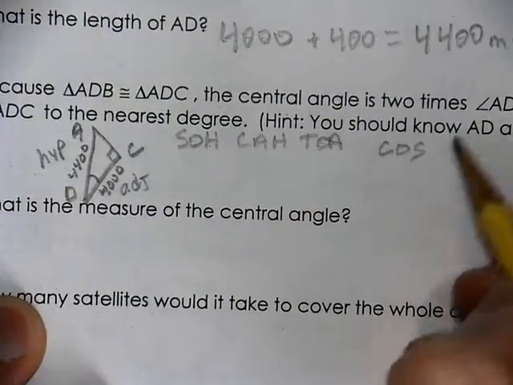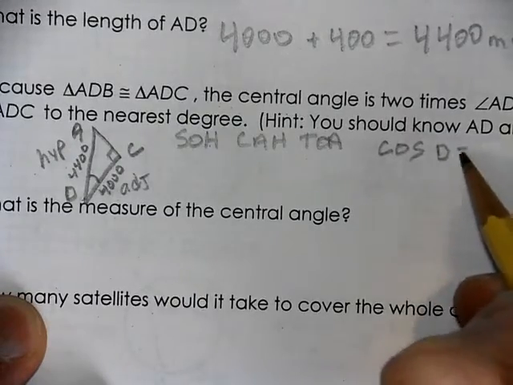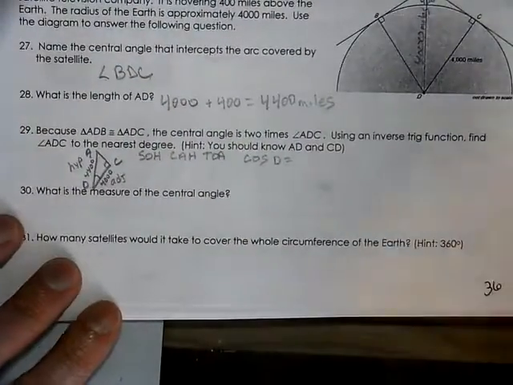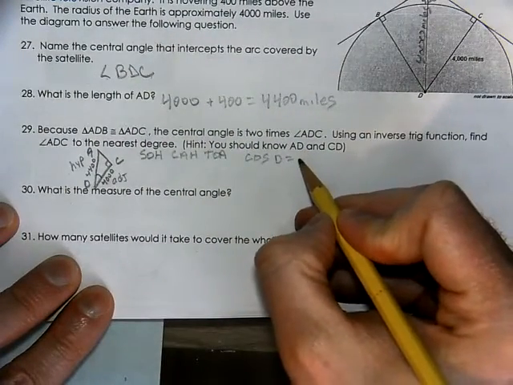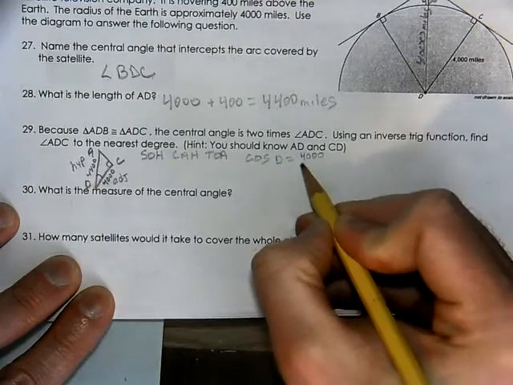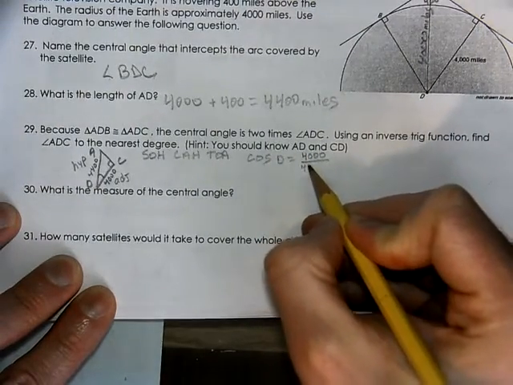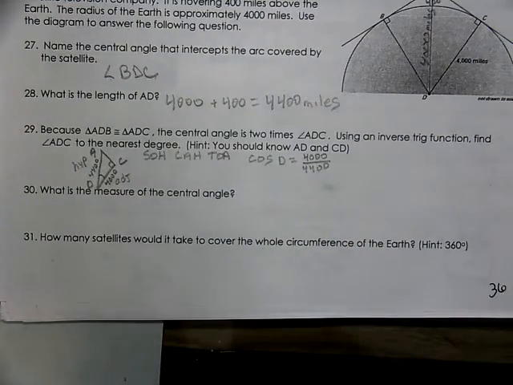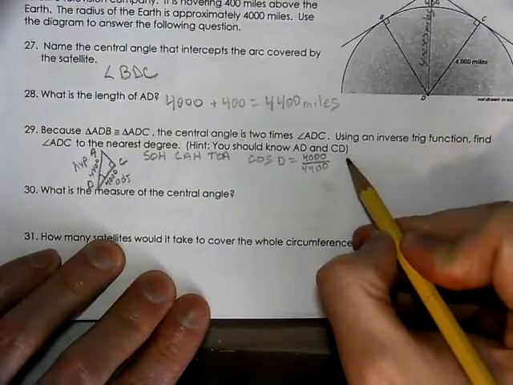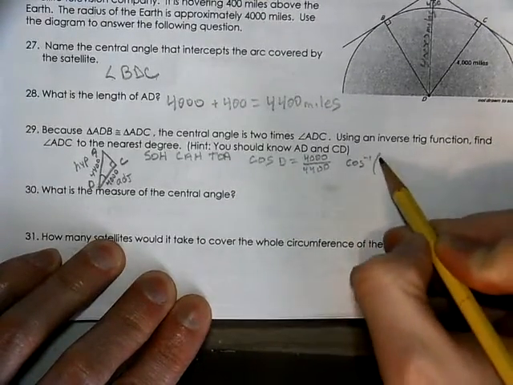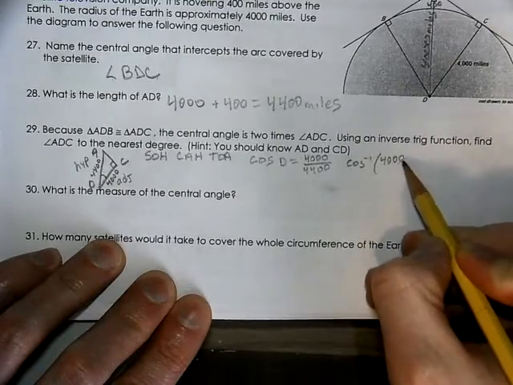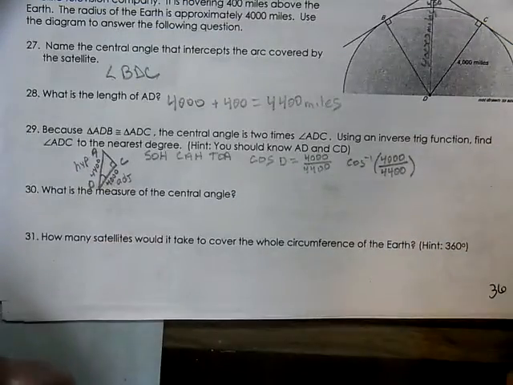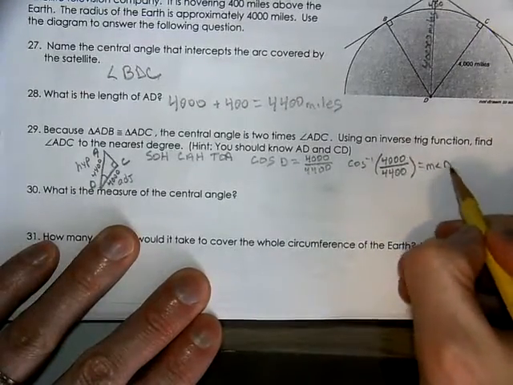So cosine of our angle, we'll call it D, equals the adjacent over the hypotenuse. For us to solve for that angle, we need to say cosine inverse of 4,000 over 4,400. That equals the measure of angle D.